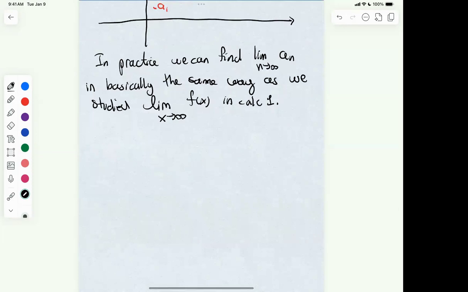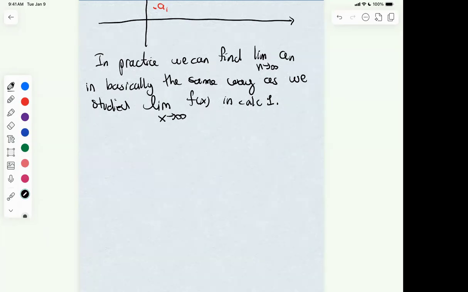When you're computing these limits, it's useful to think of n as being x and just ask what the limit would be if you replace n with x, and that more or less gives you the correct answer.